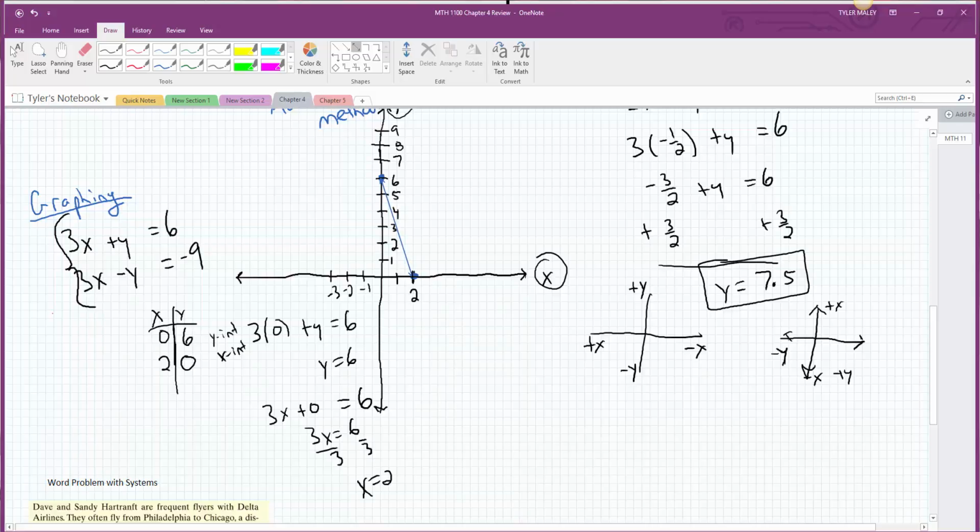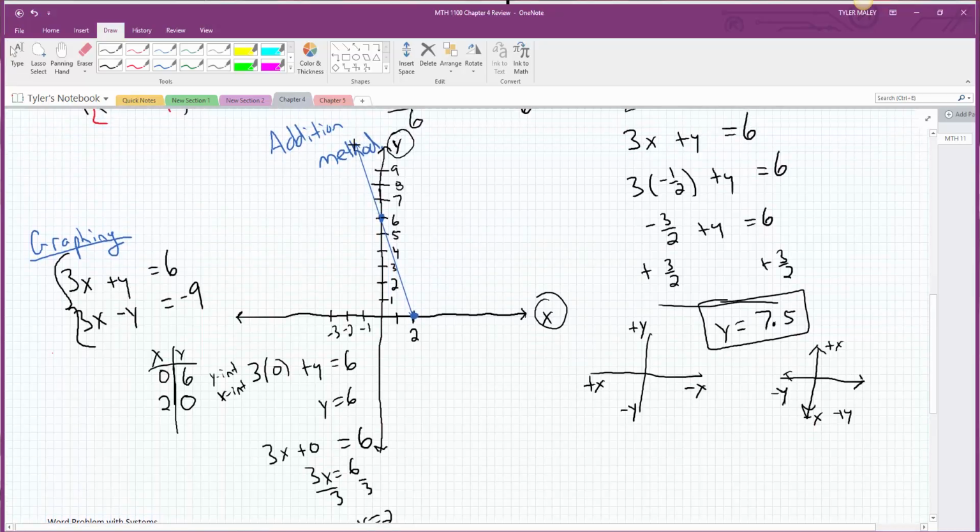If you're doing this on the exam, you want to make sure that you use a ruler to be as exact as possible. So let me try to drag this out.